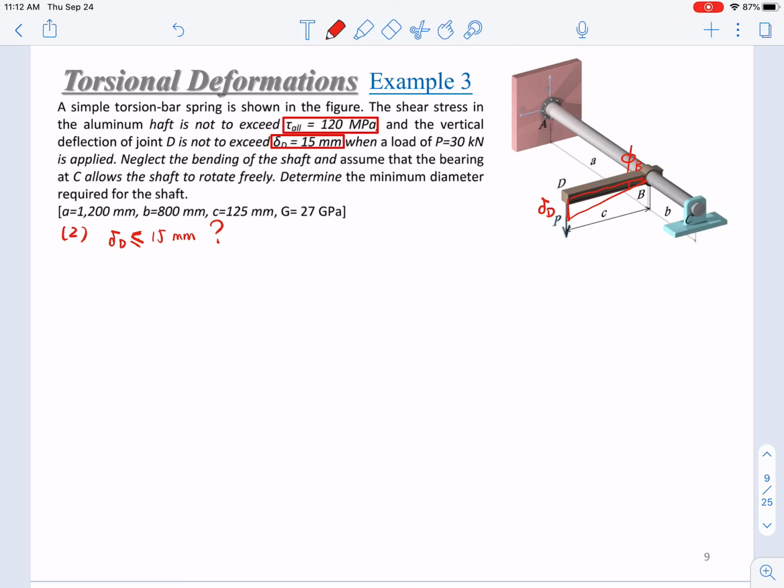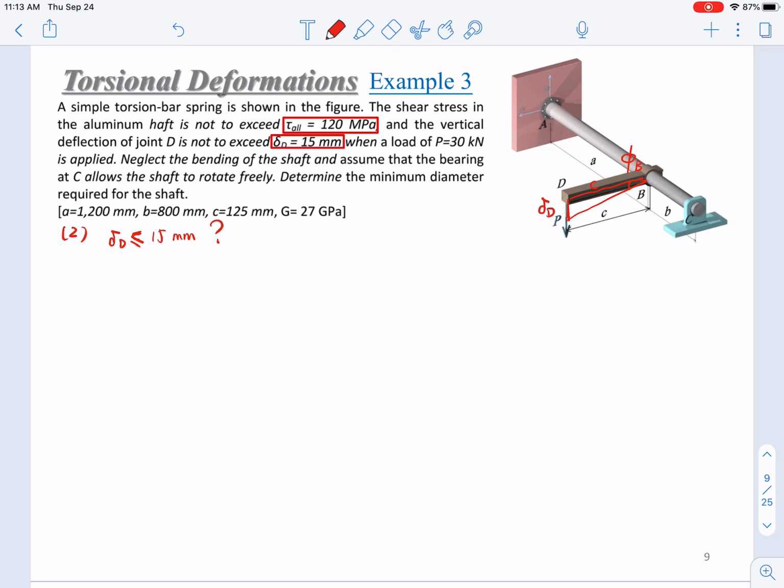The phi B. Okay, so we have learned how to calculate this phi B. This angle is just the same as the angle of twist of this shaft at point B, right? So this is the phi B, and we can tie the phi B to this delta D. You can see here in this triangle, the length of this side is just C, and this is delta D, right?